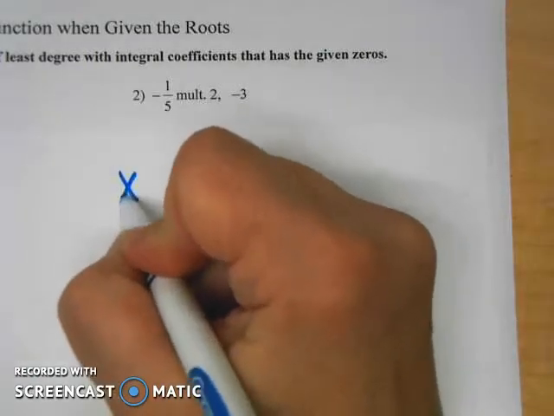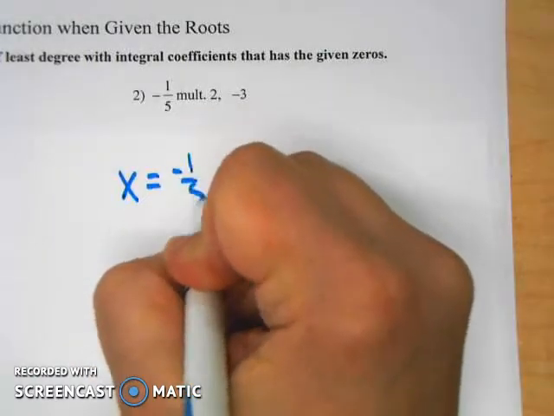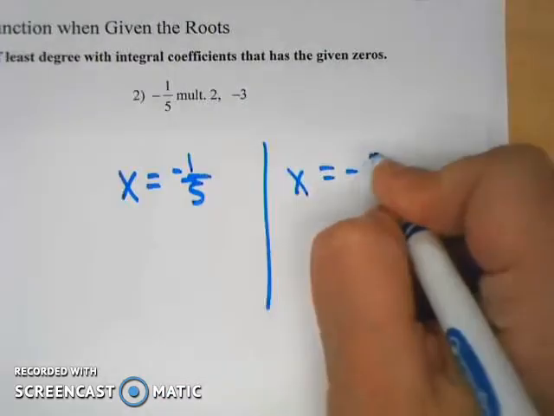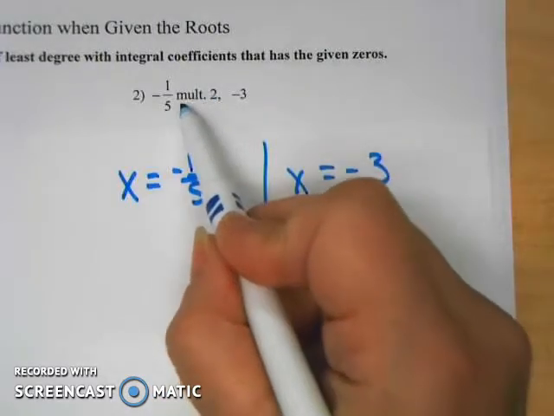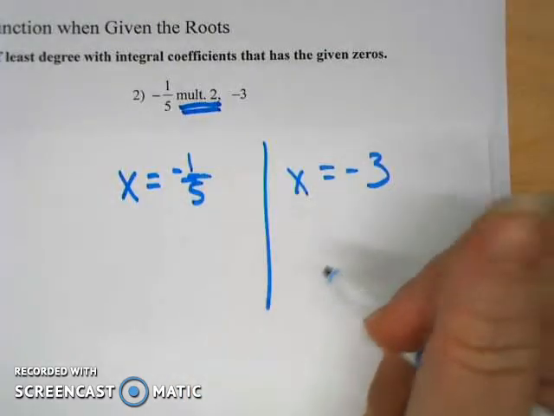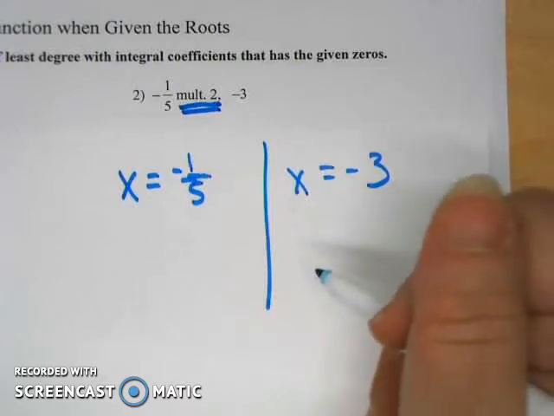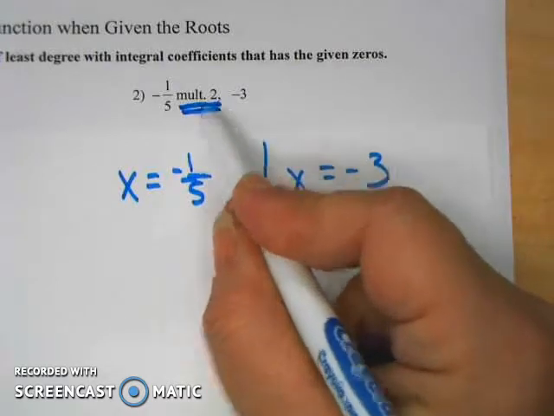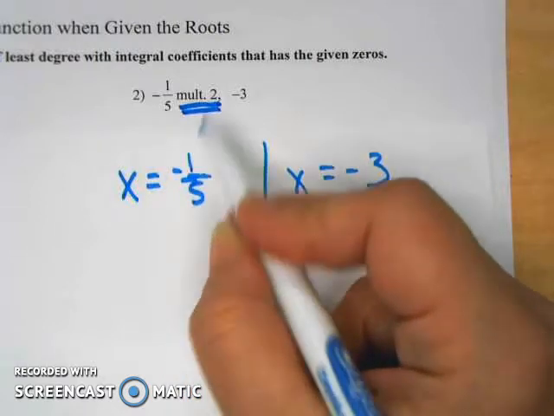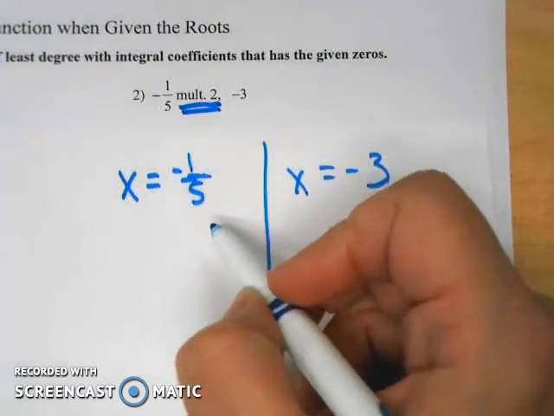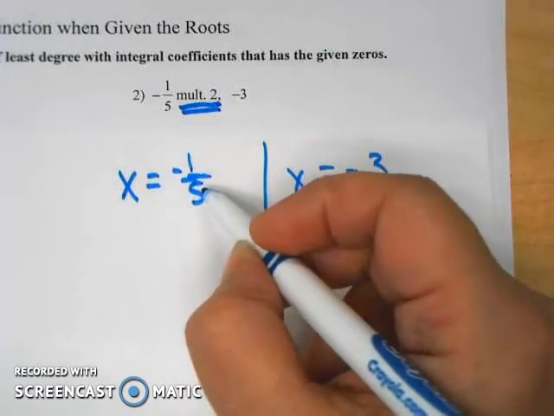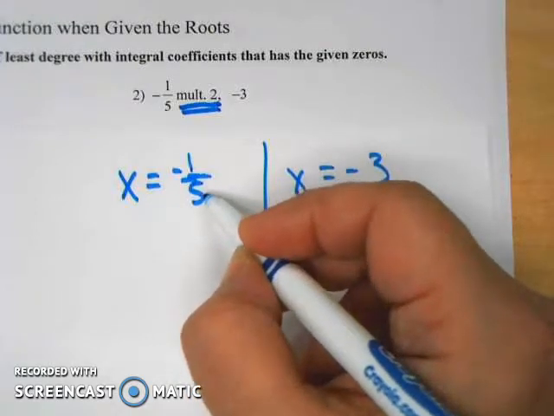So we know that x is equal to negative 1/5. And we also know that x is equal to negative 3. When we see that it says that there's a multiplicity of 2 or 3 or any other number, what that's telling us is that this factor or this root exists twice, in this case a double root for the polynomial, so it will be represented twice in our factors as well.